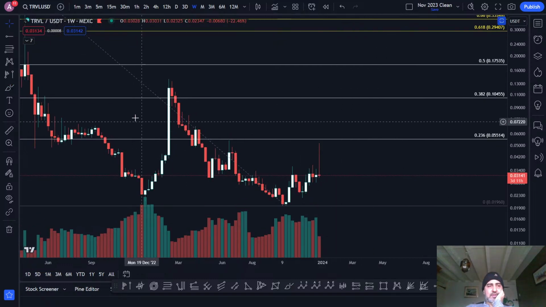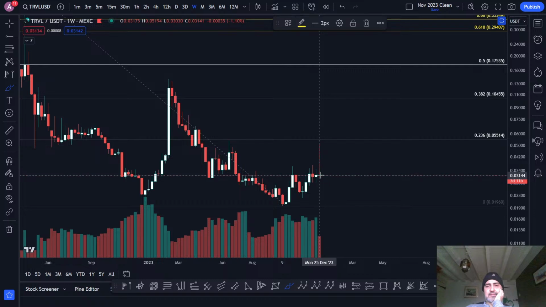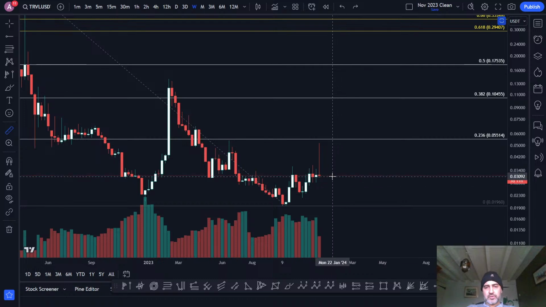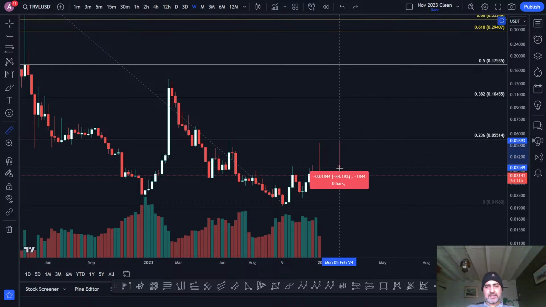So it's very possible that the price in the future will come back up and do the same thing. The range going up from here to here is 72%, and the range from here back down is 42%.